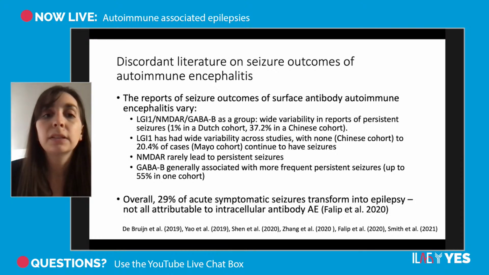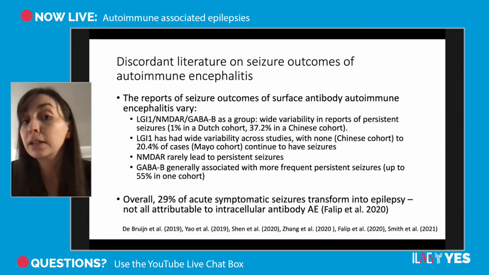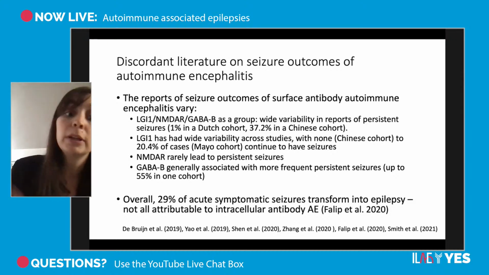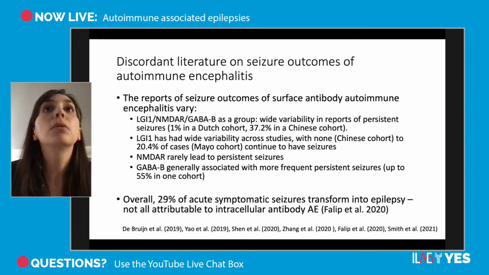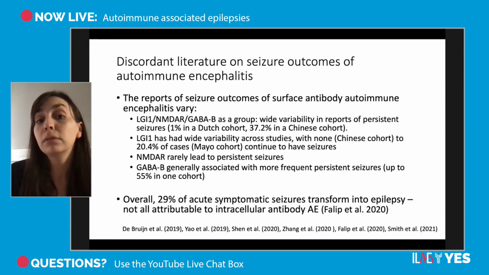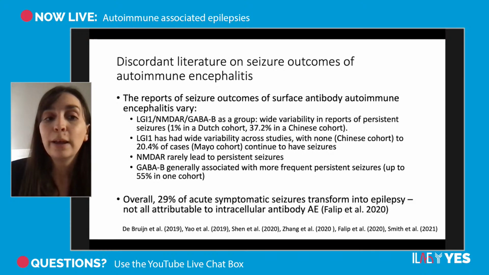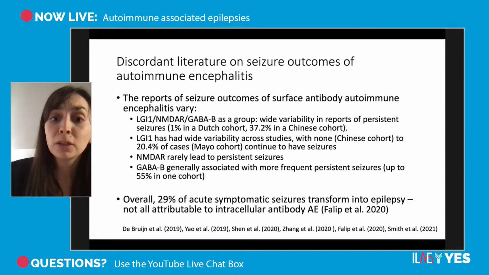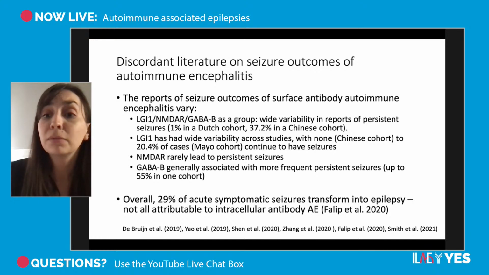If you look at specific types of encephalitides, there's still variability. So in LGI1, one Chinese cohort reported that no patients had ongoing seizures, and then the Mayo cohort showed that at 2 years, 1/5 of patients continued to have seizures. And I have to say that that reflects my experience more. I used to feel really badly for my patients, that I was not doing something right with them.